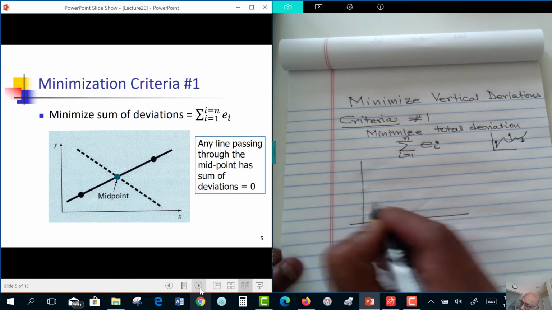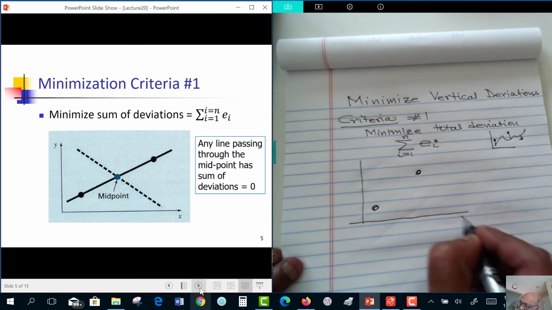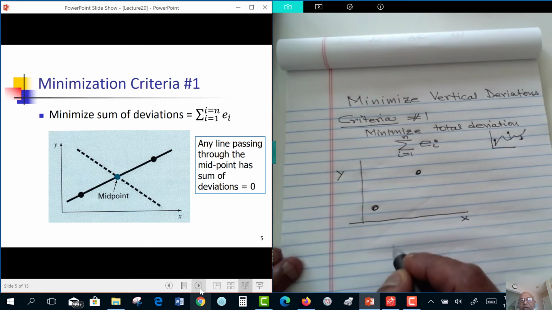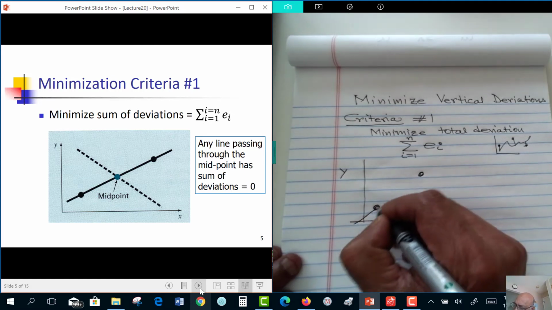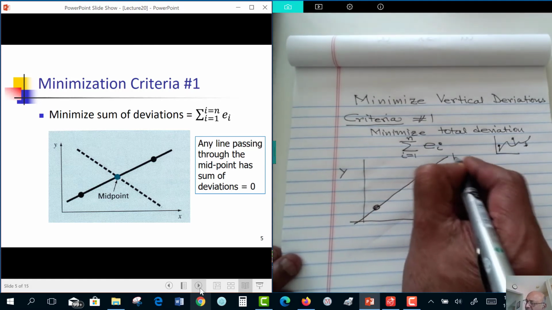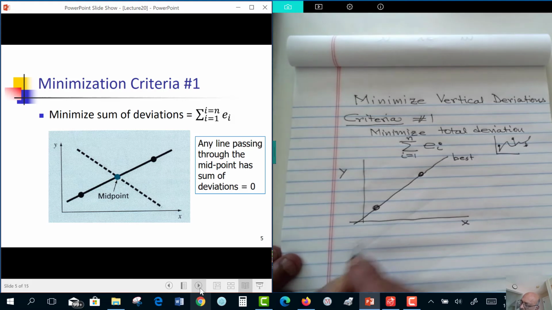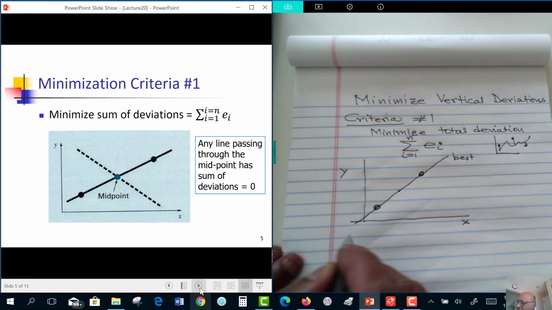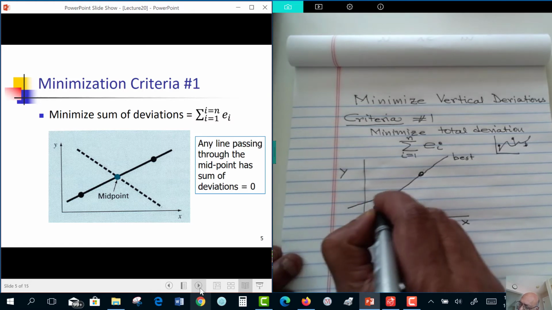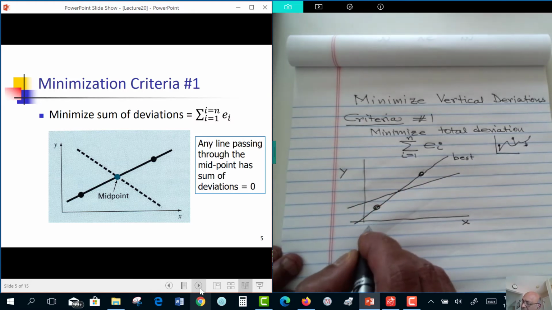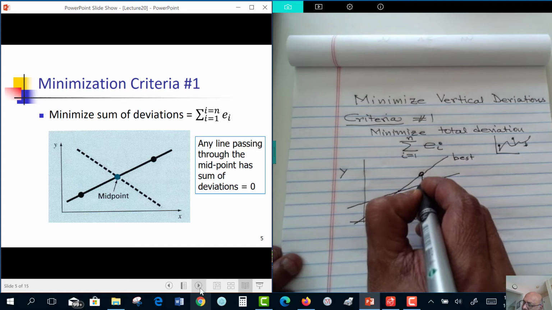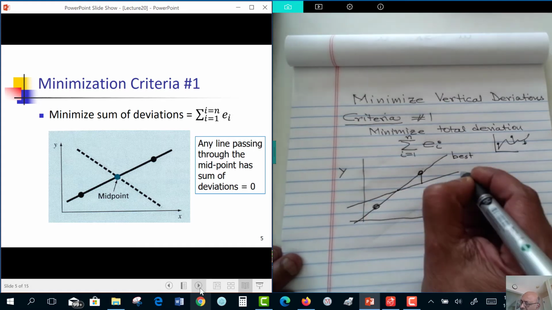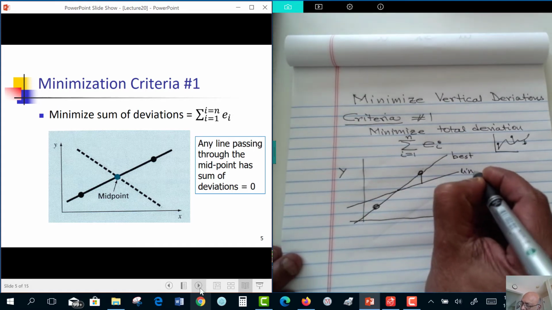So let's see what problem this has. If we have 2 points, we want to fit a straight line. We know the best straight line would be passing through both these points. Let's just imagine the center point between these two. Now, if we draw any line passing through the center point, notice the deviation. Remember this is our line.